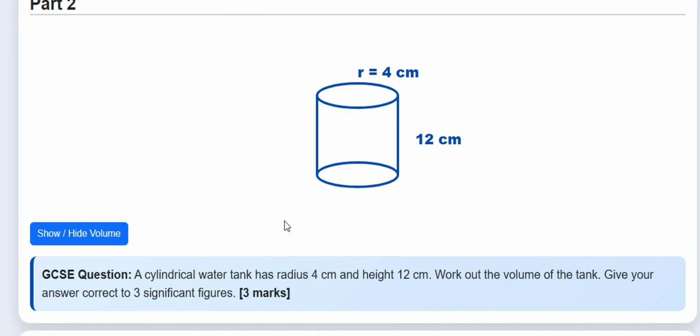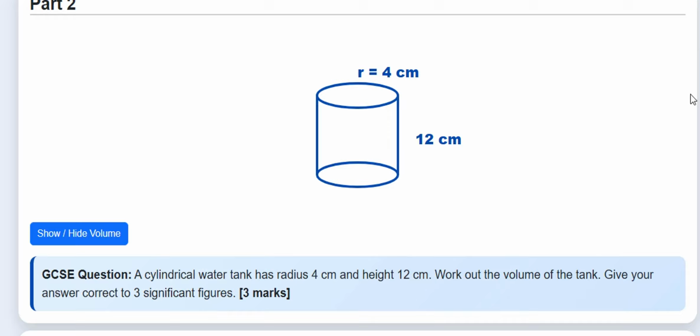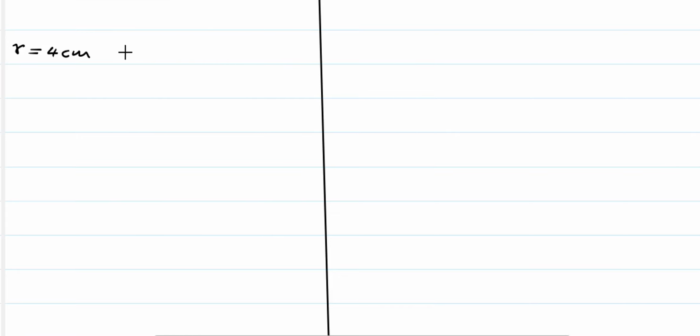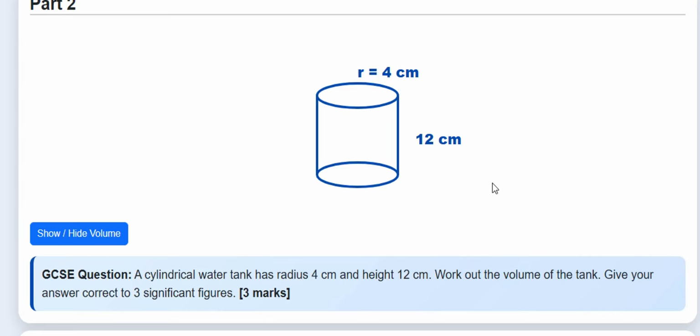So first of all, we have the radius of the tank, which is 4 centimeters. Then we also have the height of the tank, which is 12 centimeters. Then from there, we are told, of course, to calculate the volume of this tank.